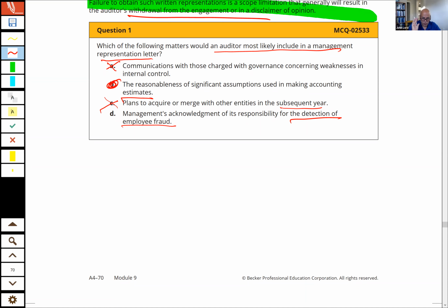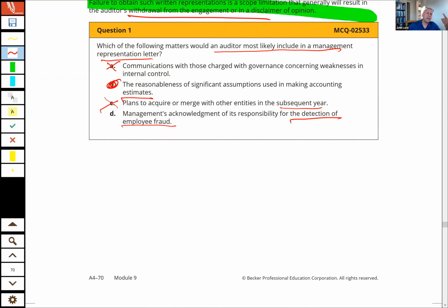We can give assurances that we put programs in place to detect fraud, but management's not in a position to say, I'm responsible for detecting fraud. Oh, you are? Okay, well, you had a genius working for you and they got the fraud past you, so you're in trouble now because a genius was able to perpetrate some fraud on you. So they're not going to sit there and say that they're responsible for the detection.